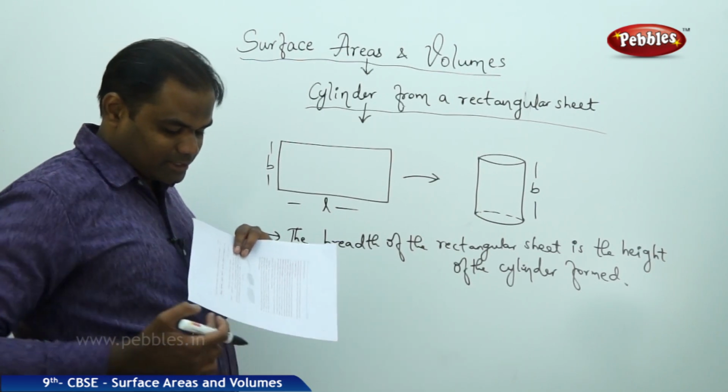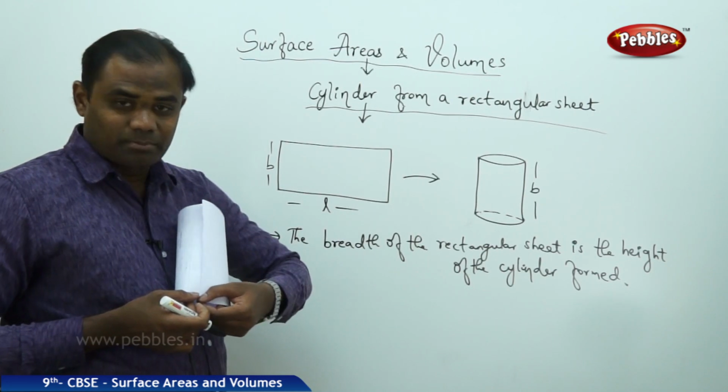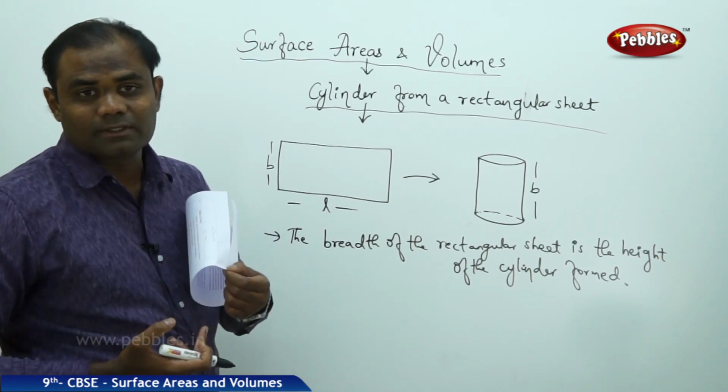As we just take this and roll, this length of the rectangle forms the circumference of the circle.